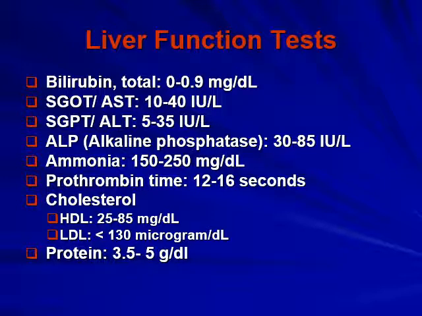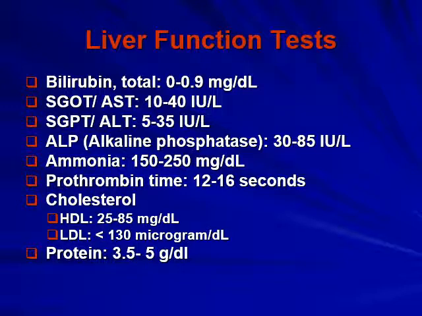And the cholesterols I'm not going to review. You should remember that the HDL is the high density, and that's the good cholesterol, and the LDL is the low density, and that's the, quote, bad cholesterol. The HDL, remember, basically helps carry fat away from arterial walls, and the LDL deposits it in the arteries.